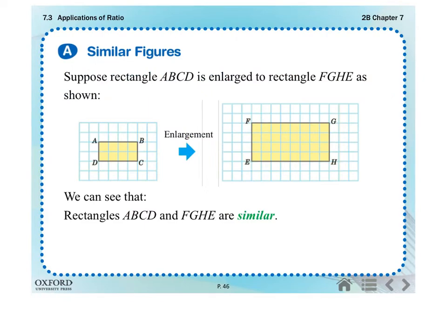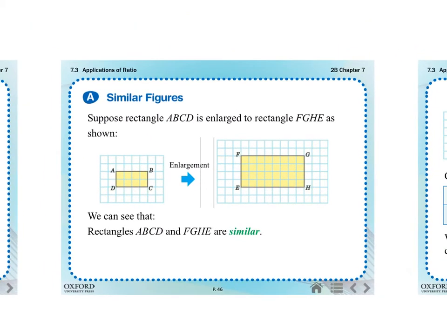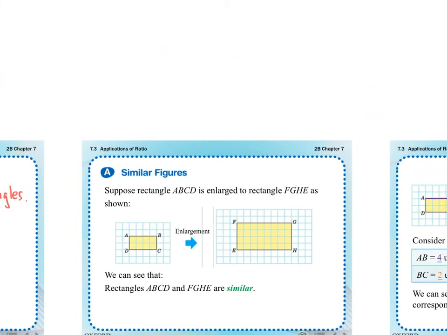Okay, let's talk about the similar figures first. Before we talk about it, let's have some quick revision on what similar triangles are. Similar triangles are the triangles with the same shape. For example, we have the triangles like this one, 3, 4, and 5.